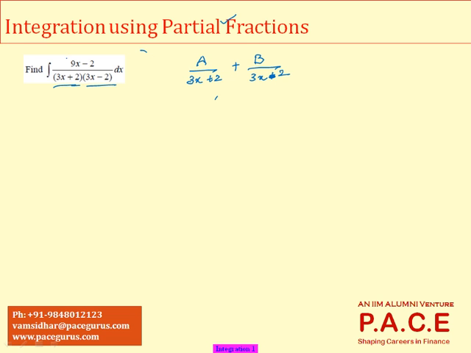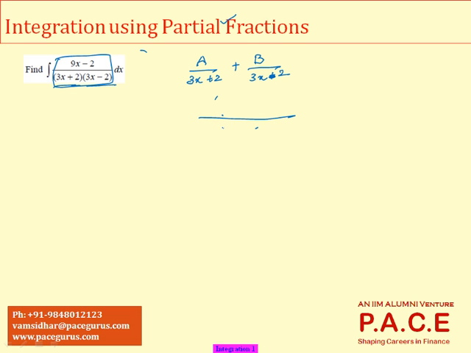I will try to write it in this form, a by 3x plus 2, and after that I'll apply the integration. This is called partial fractions, which means I'm splitting one integrand into two different things, and after that I can apply the integral separately to each one of them. Now, how do I look at it? What do I find out as the values of a and b?